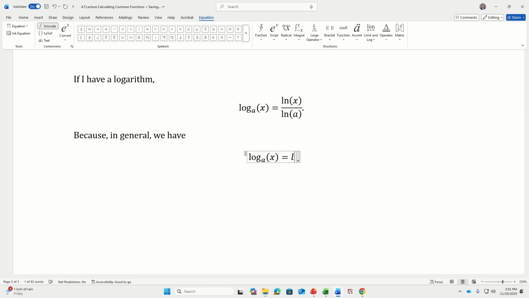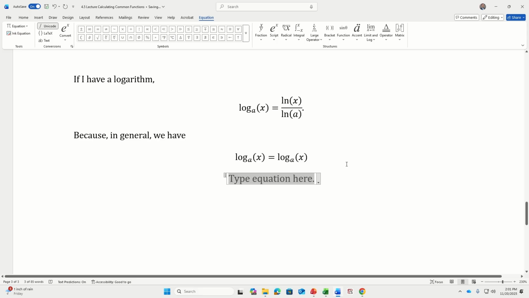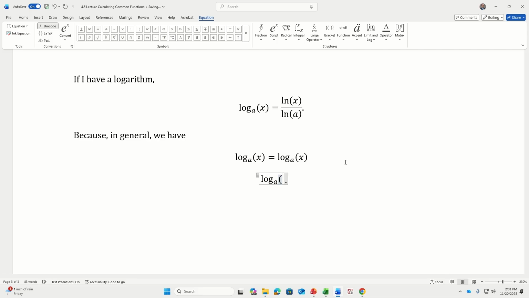No, sorry. Logarithm base a of x. We'll say that. Can we agree on that? Yeah. All right. We can leave it at that. Did you see it? Hold on.